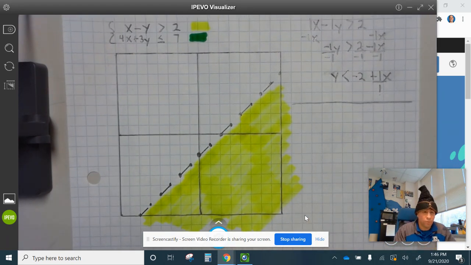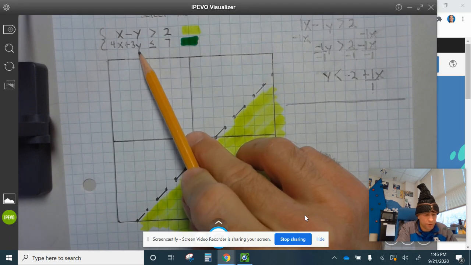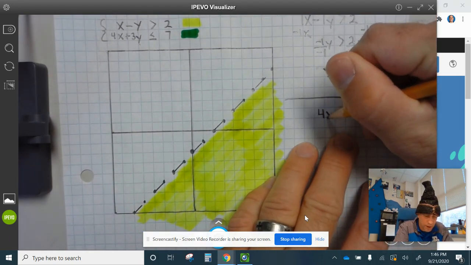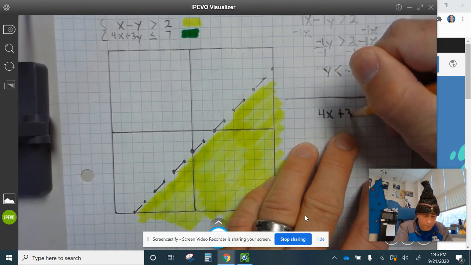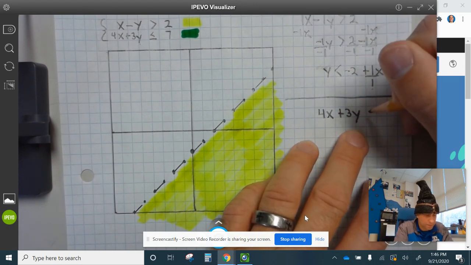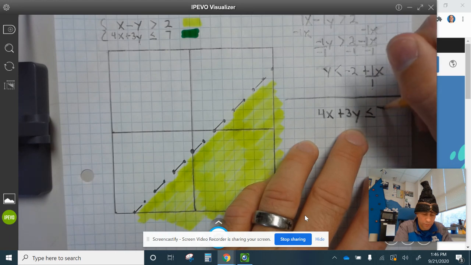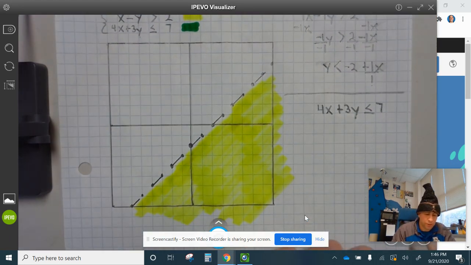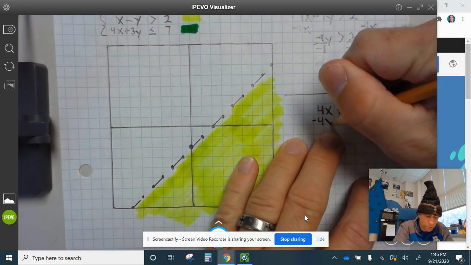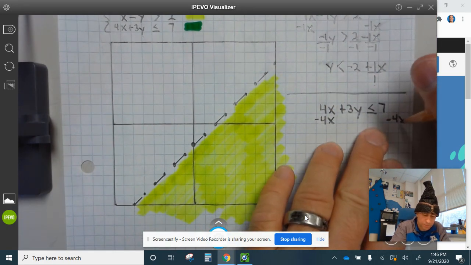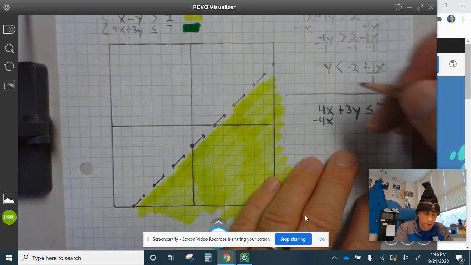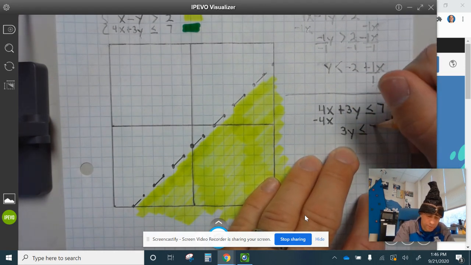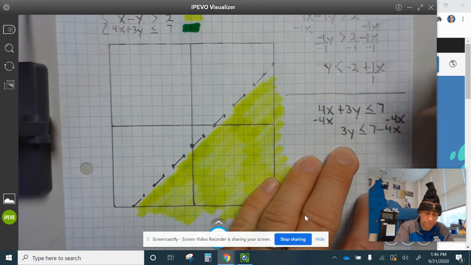Okay, now we're going to solve this inequality for y so we can graph it. So we have 4x plus 3y less than or equal to 7. Okay, so first thing we're going to do is subtract 4x from both sides. So then we have 3y less than or equal to 7 minus 4x.